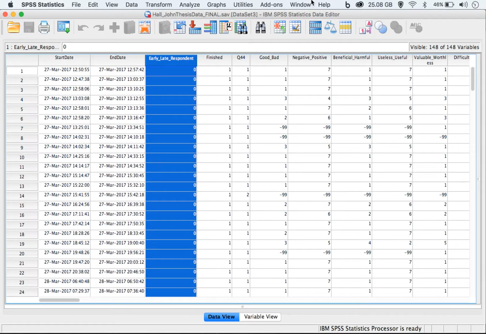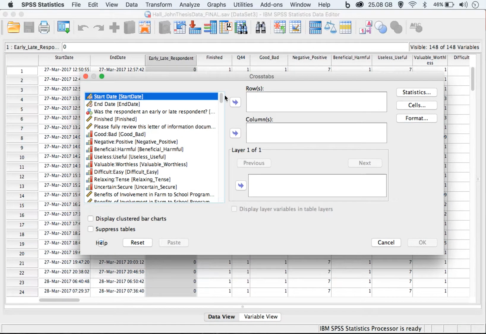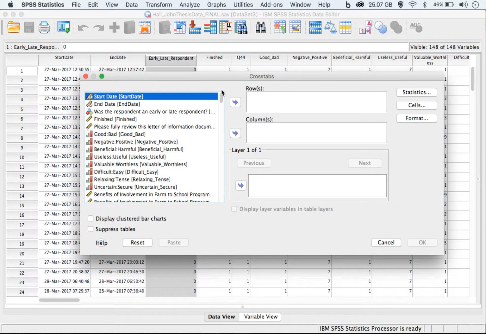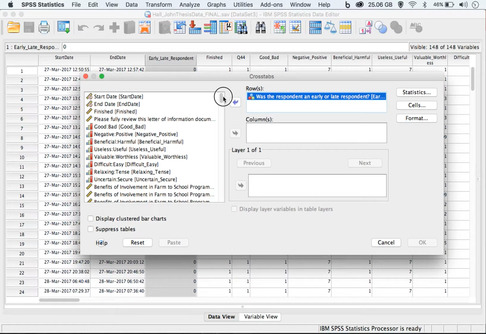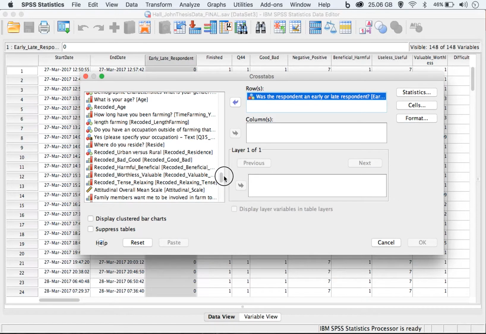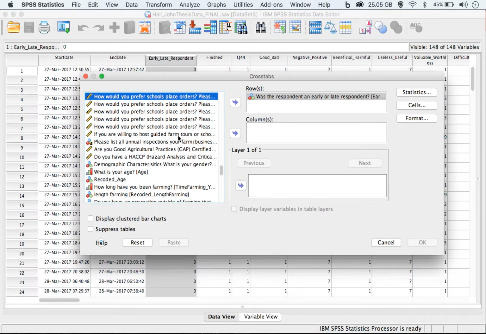And when you run these chi-squares, I can put in, was the respondent an early or late respondent? And then in the column, I can scroll down, and I'll do this for just one of our variables, and I will do it for gender right here. What is your gender?